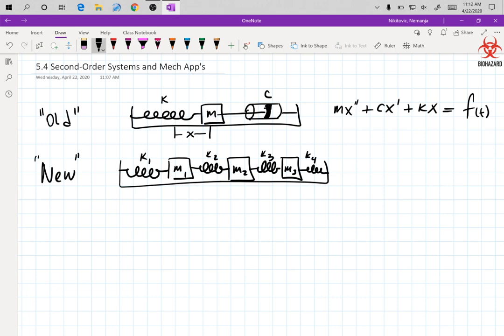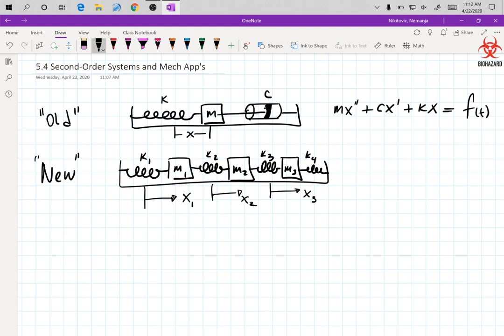And that will determine the motion, the x1 motion, the x2 motion, and the x3 motion happening over here. So if you have three masses, you are getting three equations.